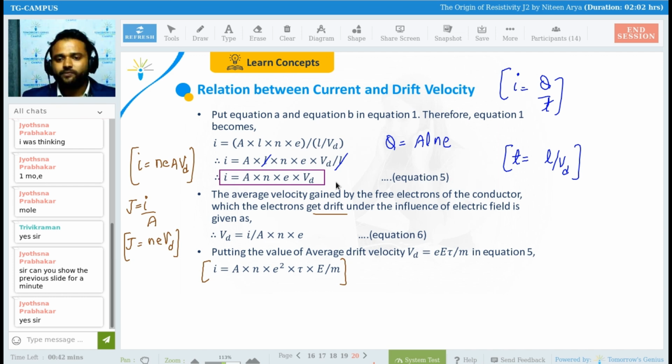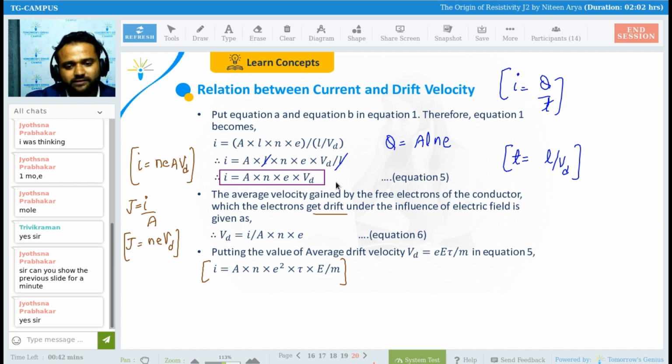I equals to Q by T, and Q equals to volume into number of charged particles, the total number of electrons, which is small n, the number of electrons per unit volume, which is A into L into n into e, and then time T equals to L by Vd, where Vd is the drift velocity and L is the length.